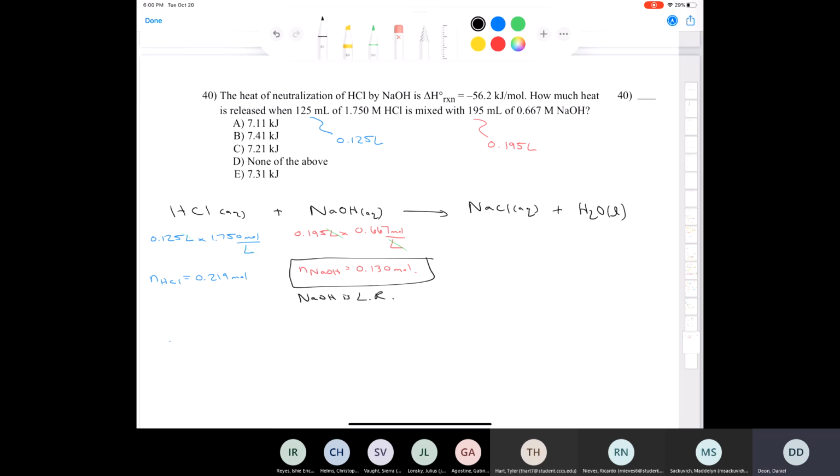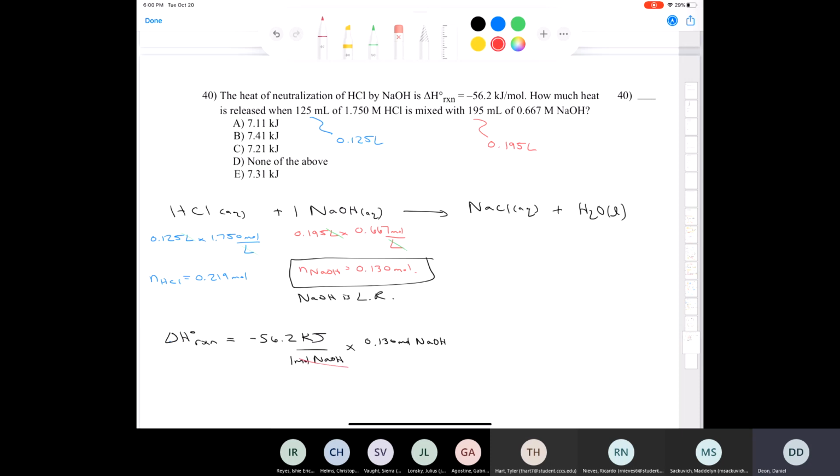Okay, and so we know that the delta H of this reaction is negative 56.2 kilojoules for every 1 mole, and you can see that you have 1 mole of sodium hydroxide, so we could even write for 1 mole of sodium hydroxide, and we're using 0.130 moles of sodium hydroxide.